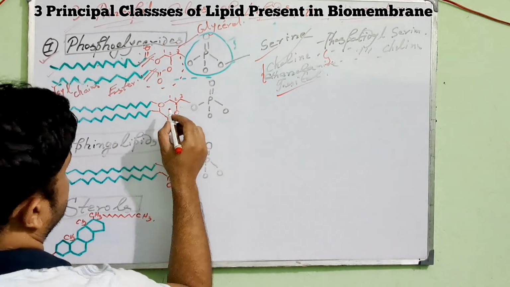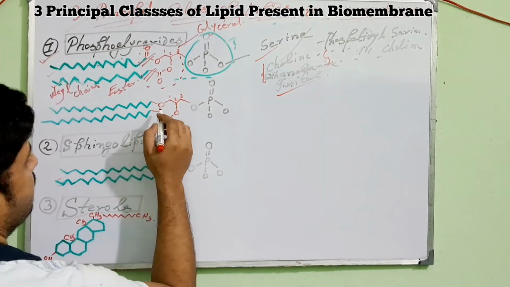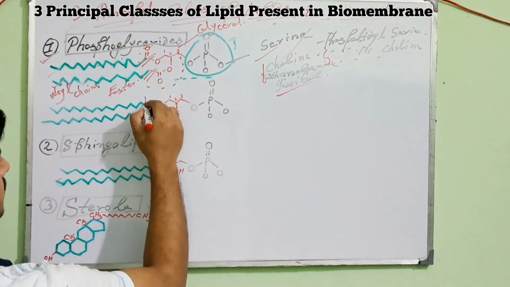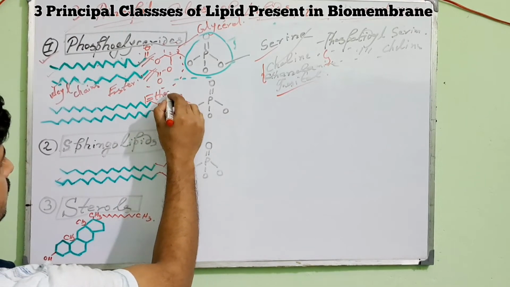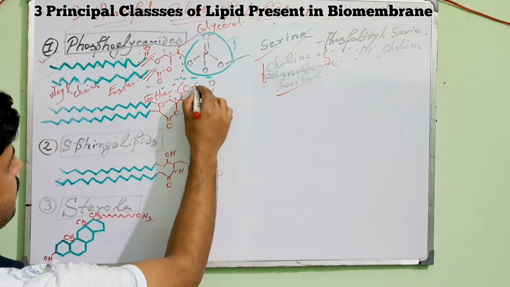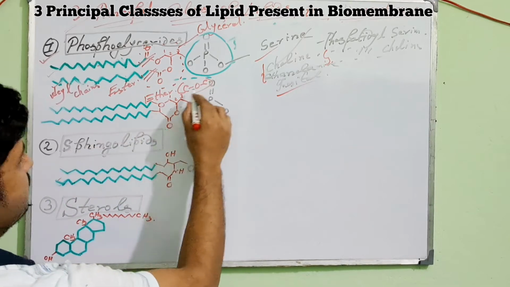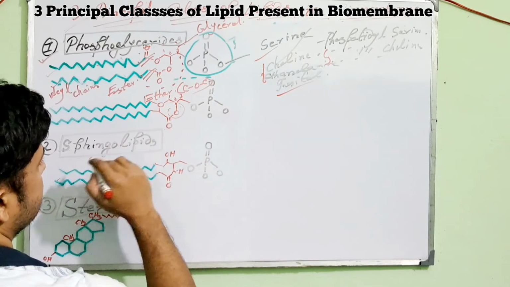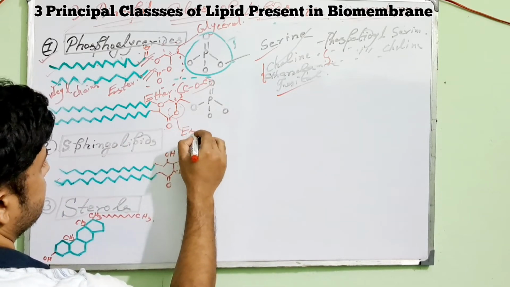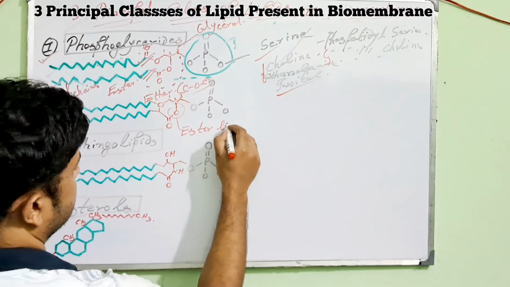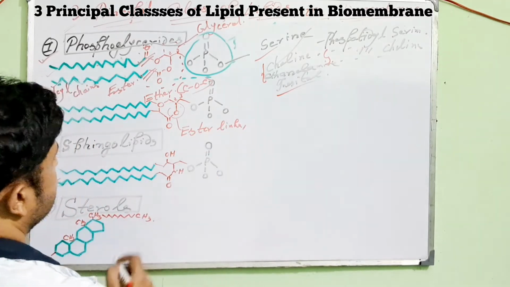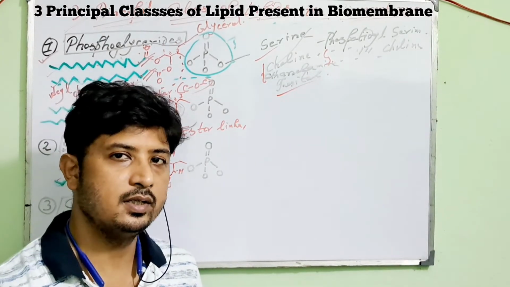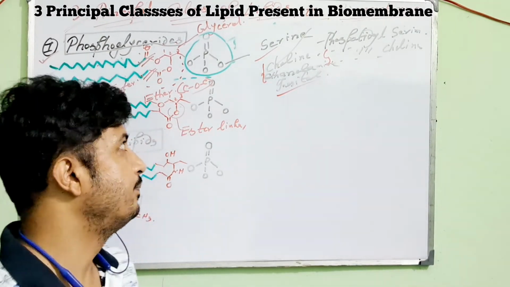But in case of this one, the first carbon of the glycerol is attached with an ether linkage, which is C-O-C, and the second carbon is attached with an ester linkage. So one hydrocarbon chain is attached with ether linkage, another one with ester linkage.